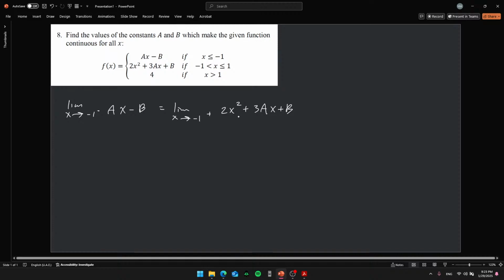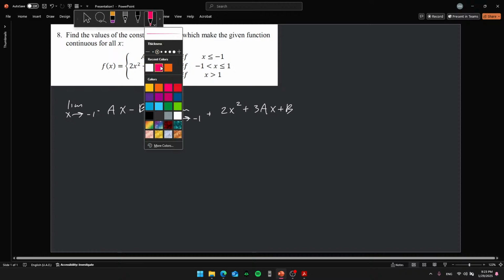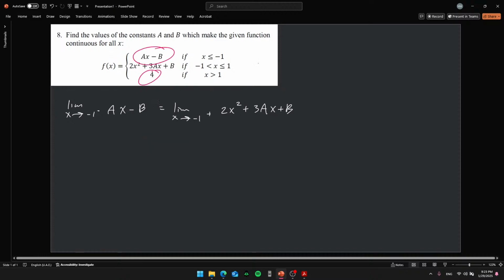Now, this one is hard, so let's try equating the first and third one, so we can get one value of b.